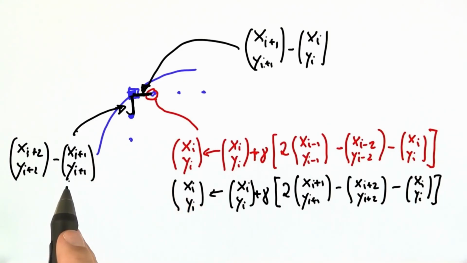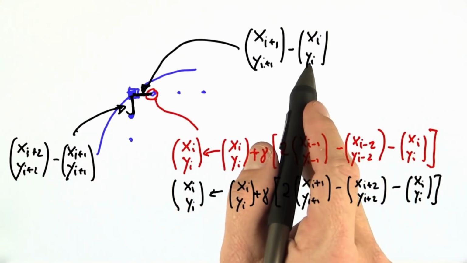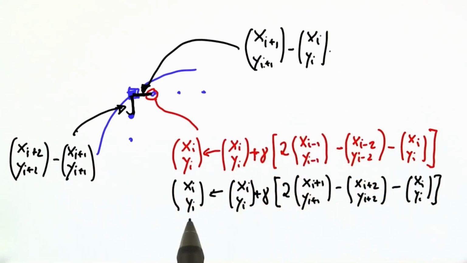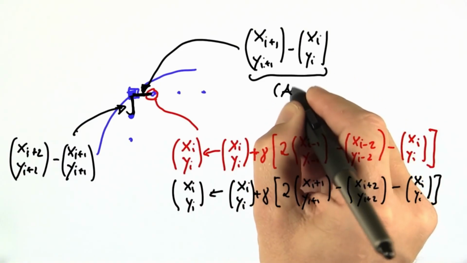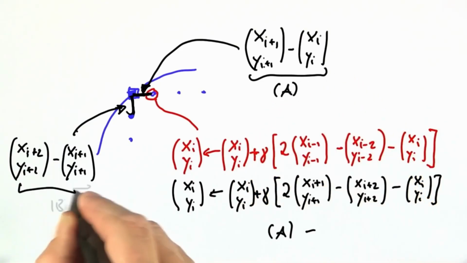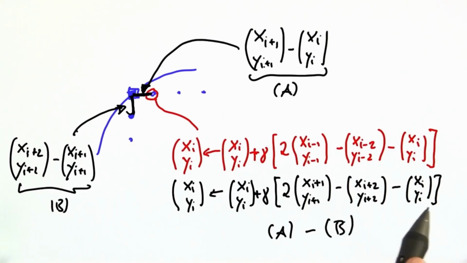If we set these to be equal and bring yi to the right side, then if you modify yi in proportion to this expression over here, we reduce the error. In fact, the expression in the bracket is the same as this one, call it A, minus this one, call it B. So we're looking at the mismatch between these two vectors and use it to adjust the xi vector over here. We do those sequentially, this one first, this one second.